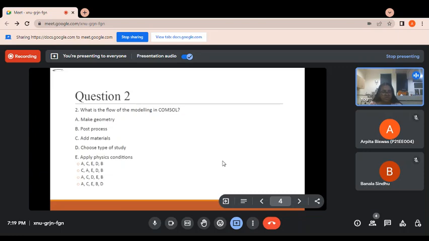It means whenever the device is done, the post process measures the output of the device.